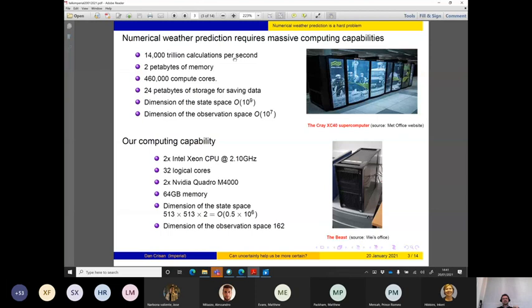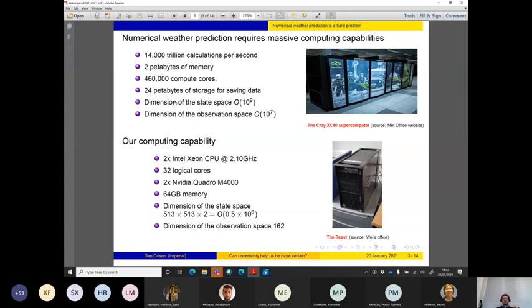Some of the numbers are really staggering. The supercomputer is able to do 14,000 trillion calculations per second. It has 2 petabytes of memory, 460,000 compute cores, and so on and so forth.